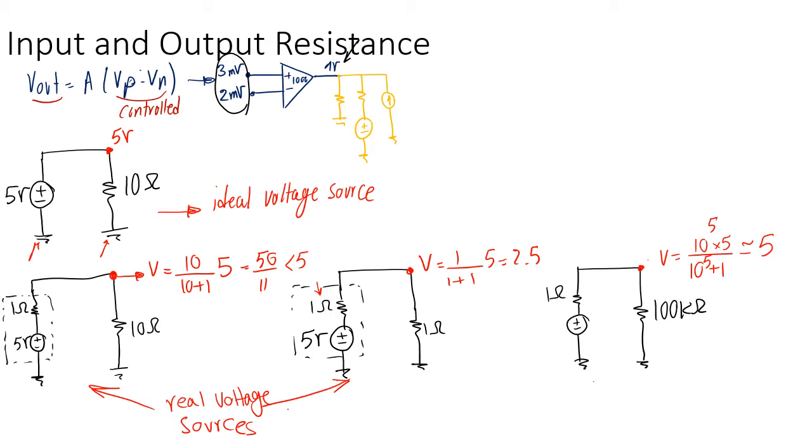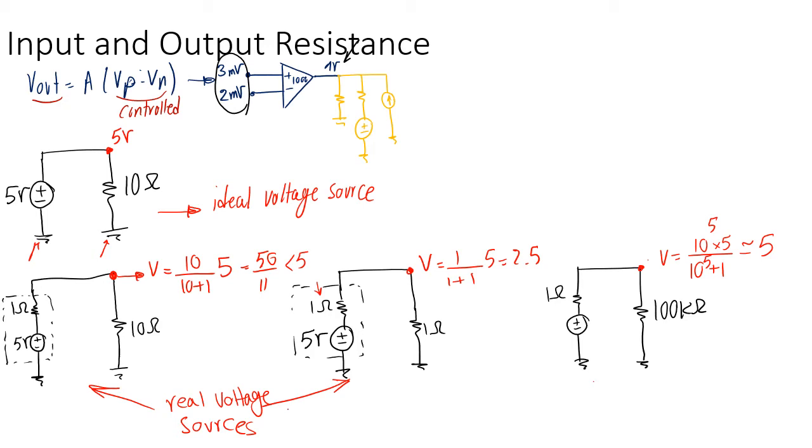If I know that this voltage source is going to be connected to all big resistors, I don't mind. I'm going to be okay with even 10 ohm, or if I'm connecting it to mega ohm kind of resistors, then I'm going to be okay with an internal resistance of even 100 ohms, right? But if I know that I'm going to connect this thing to a bunch of small resistors, then this voltage source better be really, really ideal, right?